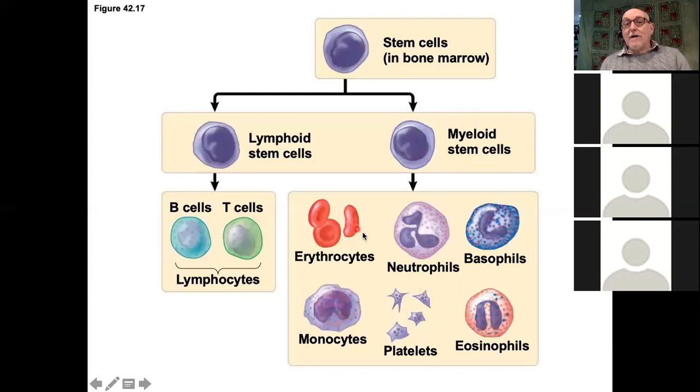So the myeloid line gives rise to erythrocytes, neutrophils, all of these things here that we're going to hear about in a minute. All of these, including the platelets, arise from the myeloid line. But it's a fascinating thing that in fact they all arise from a common ancestor, and their fates are determined later on after several divisions.